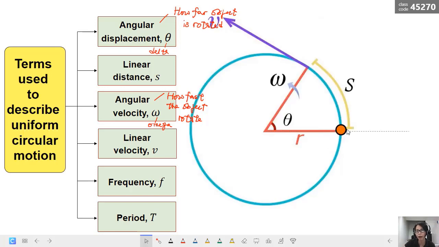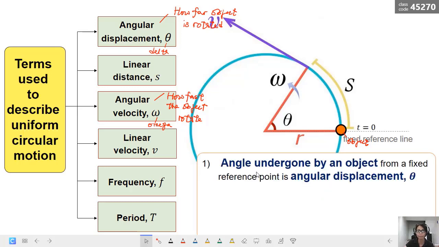So let's say you have an object. This is our object. Initially dia berada di sini. So this is our reference line or the starting line. So what is meant by angular displacement theta? Theta is the angle undergone by the object as it travels in a circle. So that one we call angular displacement theta.